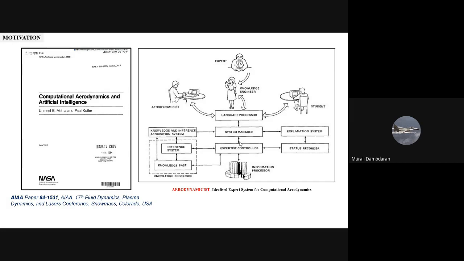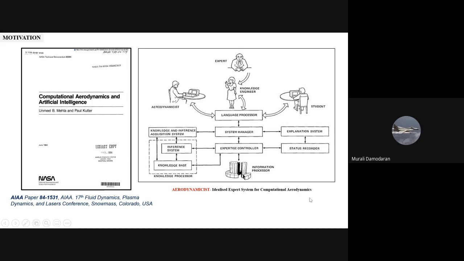Now, computational aerodynamics was actually developing during that period. Jameson, finite volume, Ames research codes, and all that. So in this report by Mehta and Paul Cutler, it was presented as an AIAA paper.